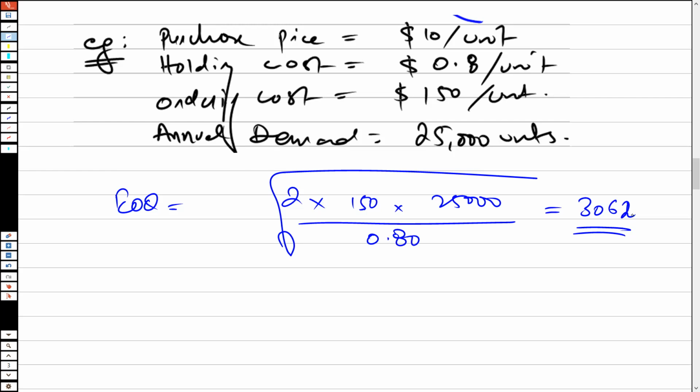Yeah, can anyone reconfirm, please? Because to me, it turns out to be approximately 3062.